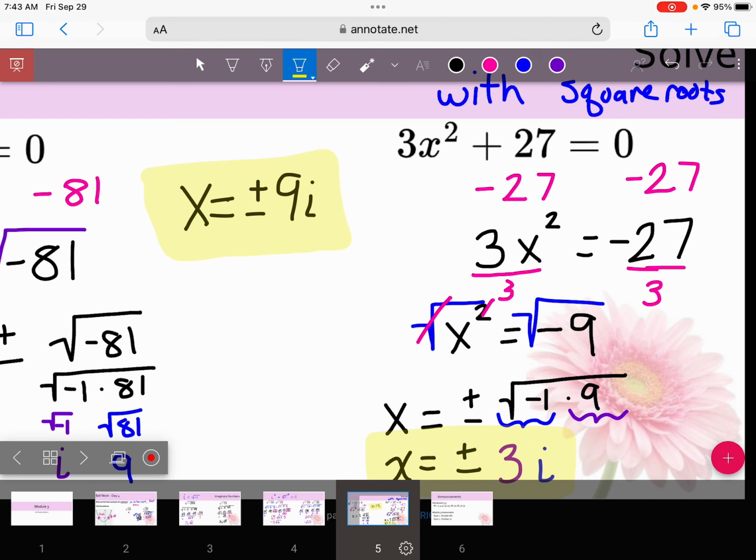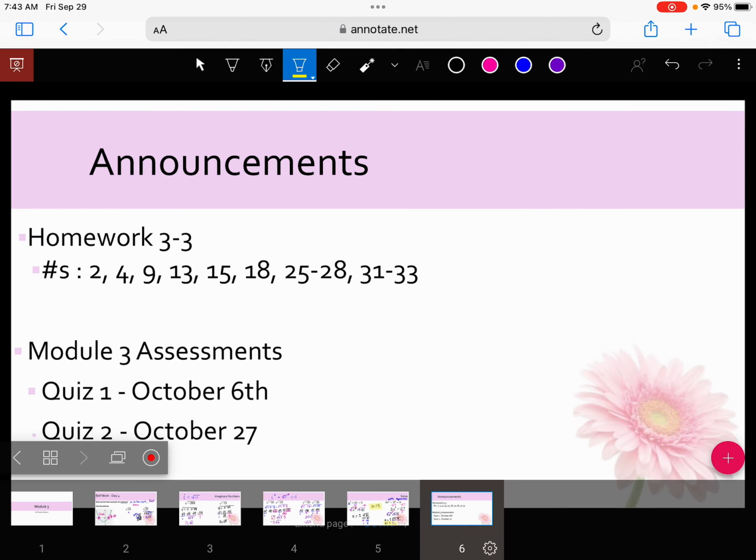I'll get you a paper copy. So this is the last paper homework until fall break. This is homework 3.3. If you wind up needing another copy on Monday, that's fine. I got you. But I want you to have it. The front page is what we did today. The back side of it is going to be what we do on Monday.